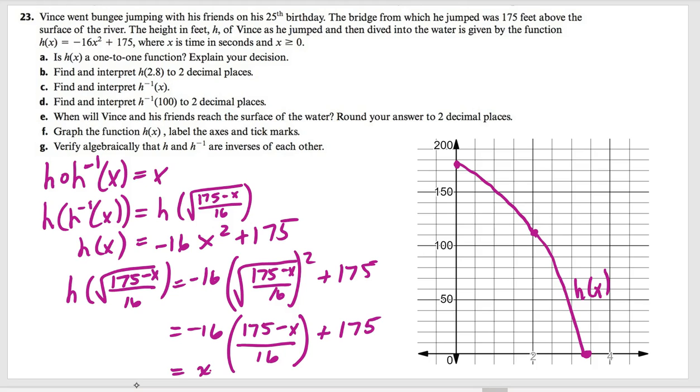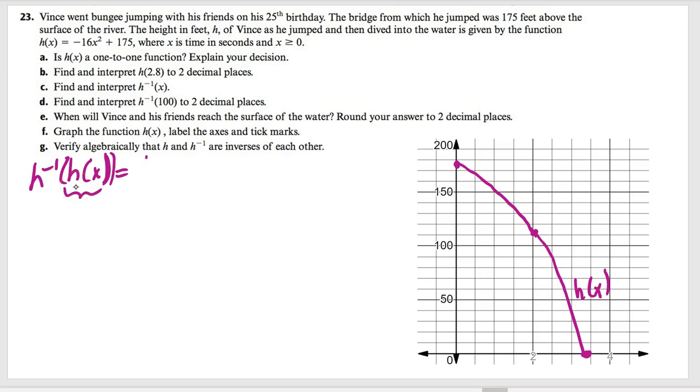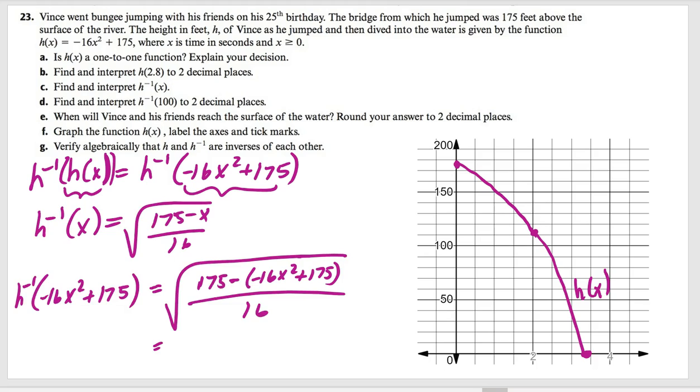Now I want to do the other direction. I want to say, what about when the inverse is composed with h of x? Let's replace h of x with its function value. And then I'll write my inverse equation, replacing any x with my h of x value. And I will simplify this.